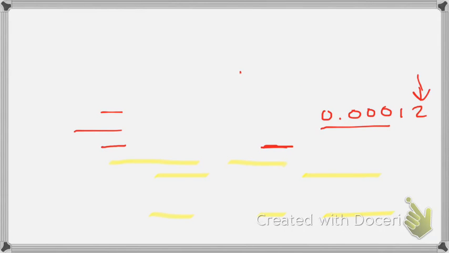So let me pull out a whiteboard. Let me erase all of this. You can kind of use this a little bit. All right, so let's say we have a measurement of 300.